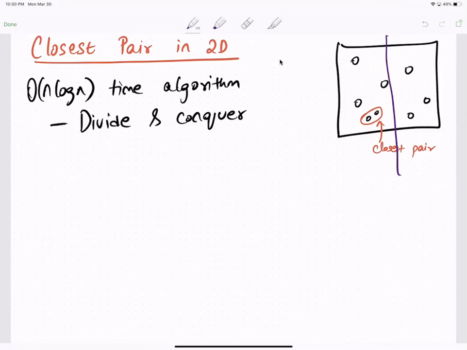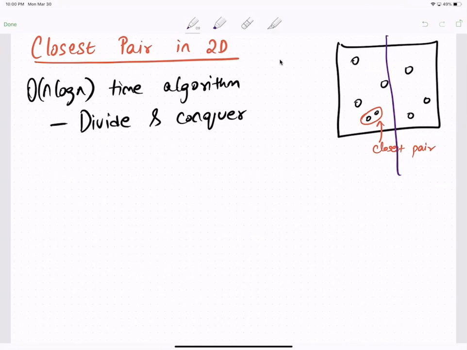After doing that, you have to do a clever merge step where you see if there is a closer pair such that one is on the left and one is on the right. A careful analysis and careful implementation is needed to make sure it's n log n and not n log squared n. But I'll not go into that in today's lecture.